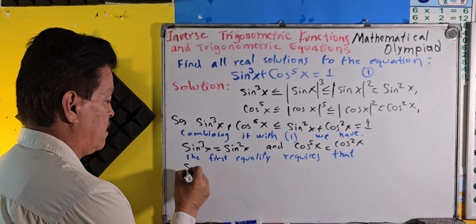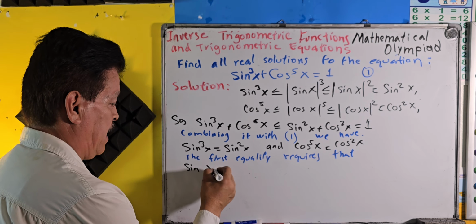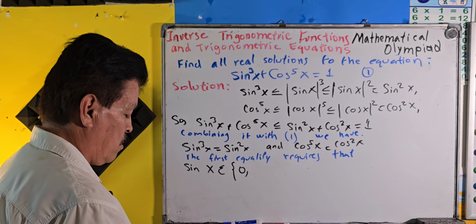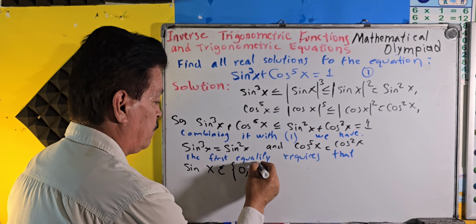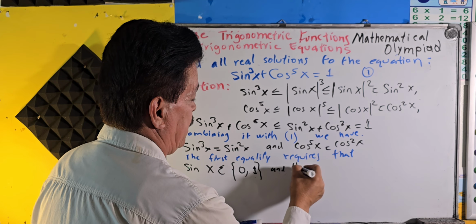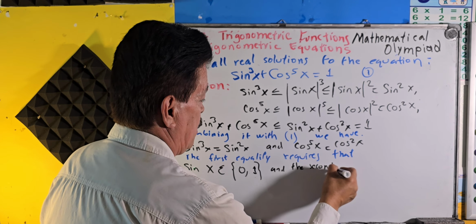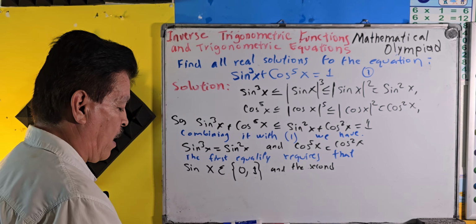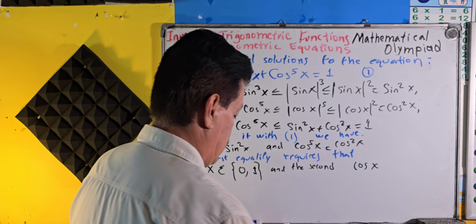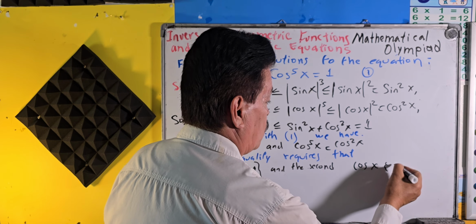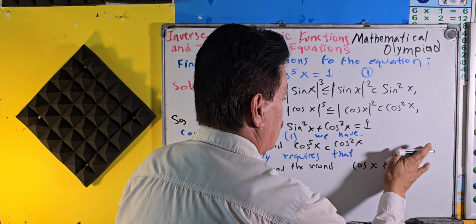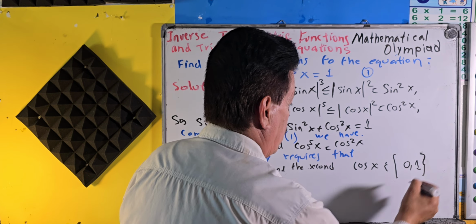So sine x belongs to [0, 1], and the second equality requires that cosine x belongs to also [0, 1]. All right.